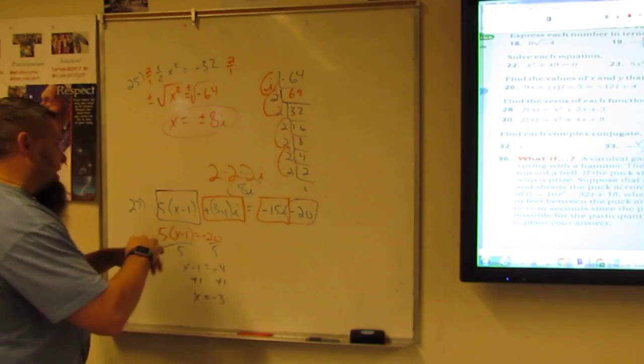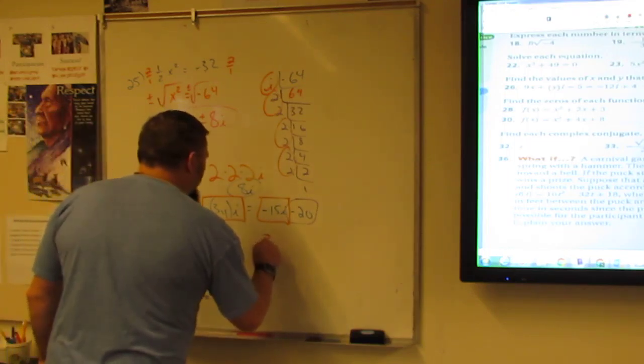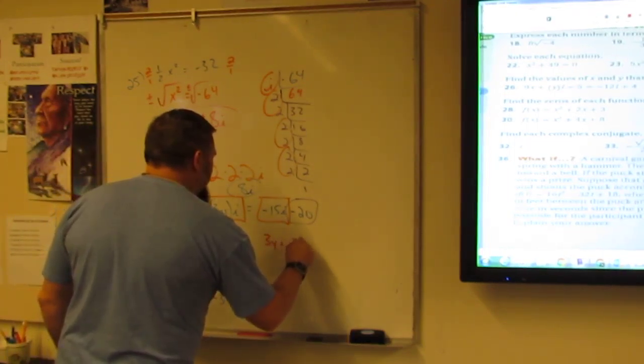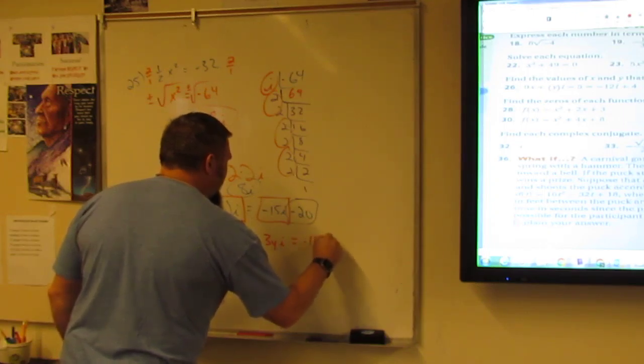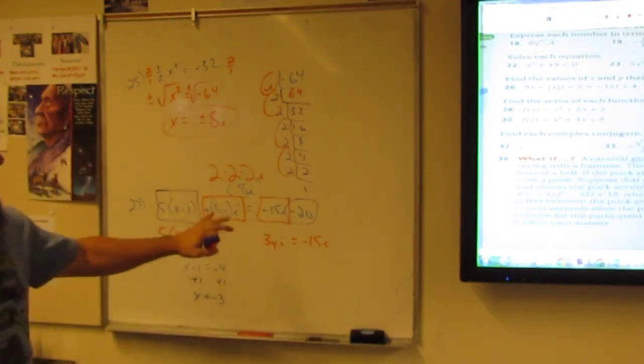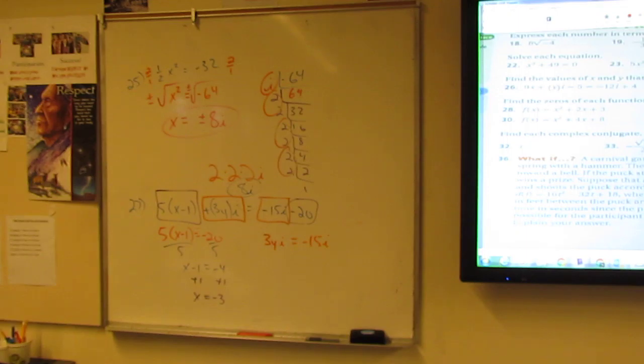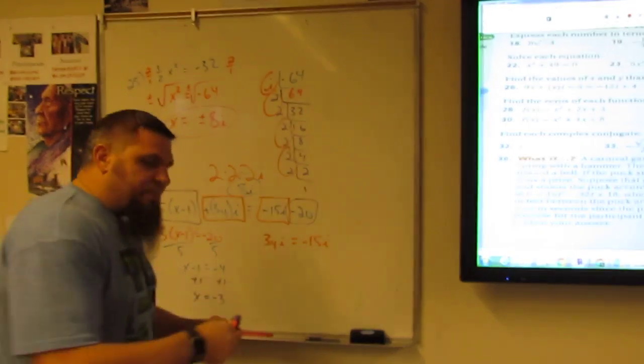The other step is then 3yi needs to equal negative 15i. So what do I have to multiply 3 by to get negative 15? Or negative 5, right? But you can, again, do the steps.